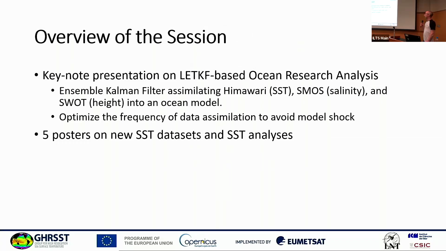There was also a discussion of optimizing the frequency of data assimilation to avoid model shock. In addition, we also had 5 posters on new updates to SST datasets and assimilating SST into analyses.